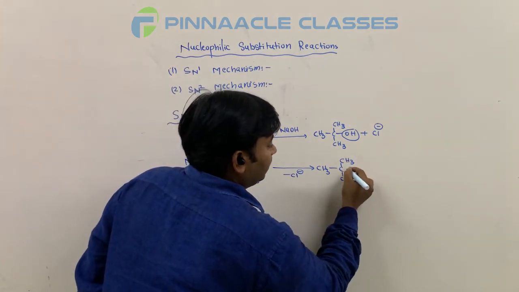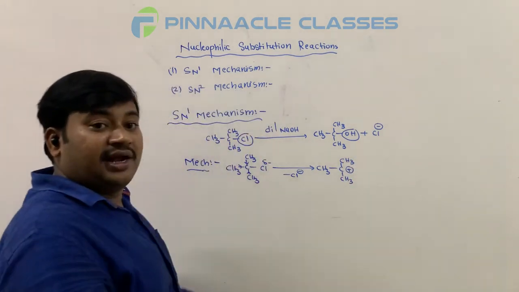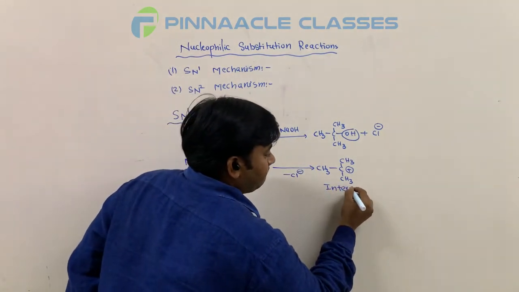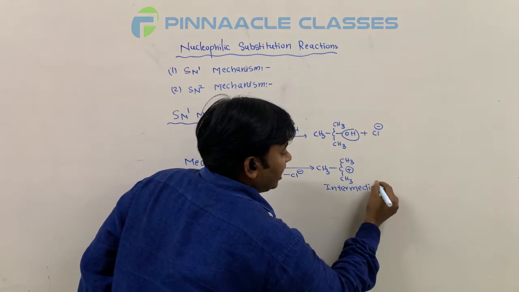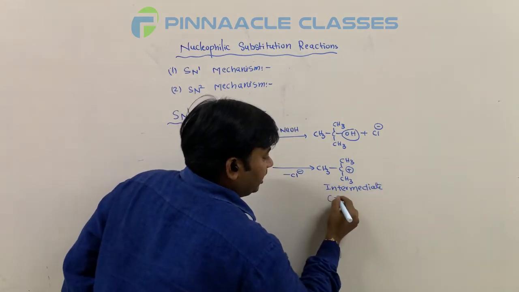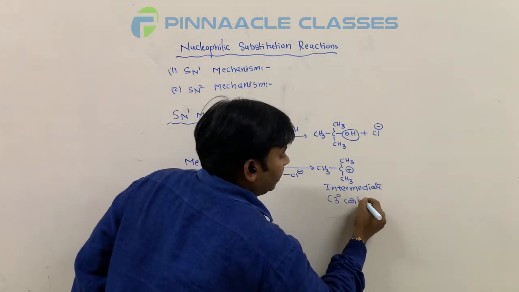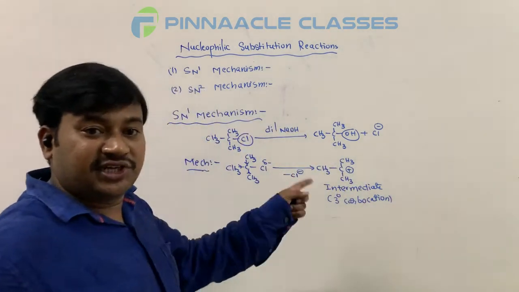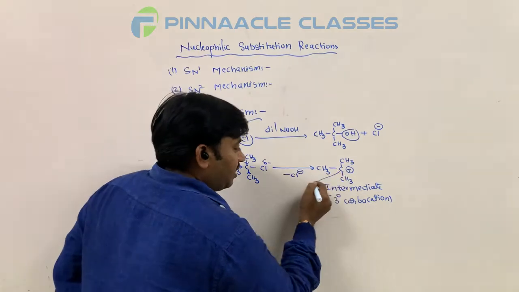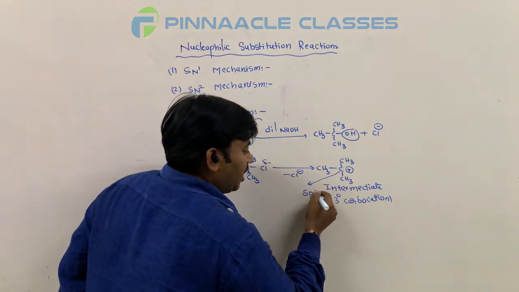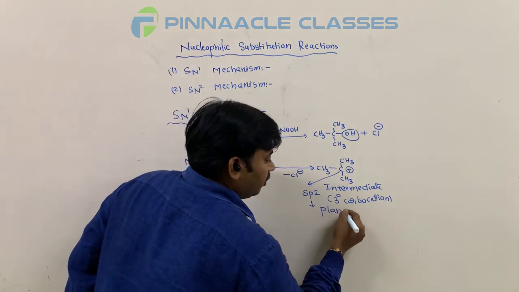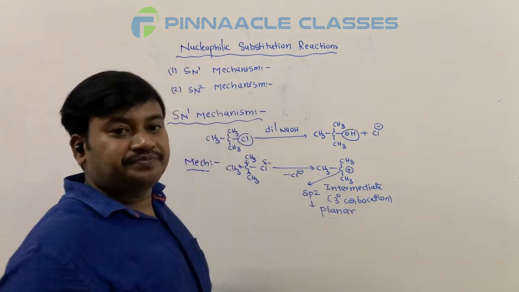This is called the tertiary carbocation, and this is the intermediate in this reaction. So what is the hybridization of this tertiary carbocation? This carbon is sp2 hybridized, having planar geometry, trigonal planar geometry.